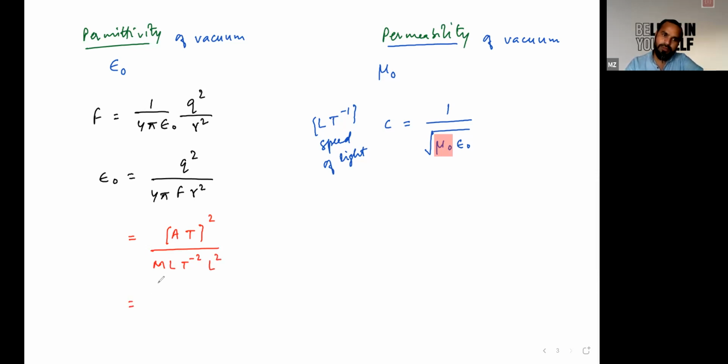On bringing all terms to the numerator, it will become m to the power minus 1. L to the power 1 and L to the power 2 becomes L to the power 3. And on bringing to the numerator, it becomes minus 3. Similarly, we have t raised to the power minus 2 in denominator. So on bringing to the numerator, it becomes plus 2. And we have already t to the power plus 2 in numerator. So it will become t raised to the power 4. And the last part, it would be A raised to the power 2. Okay, Yusra?